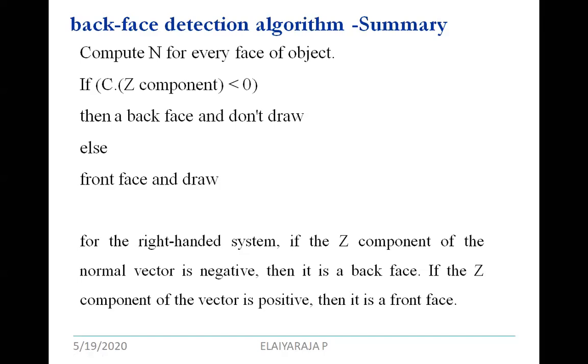Else, if the vector value is negative, then it is front face. In counterclockwise, right-handed system, if the z component of the normal vector is negative, then it is back face. Else it is front face.